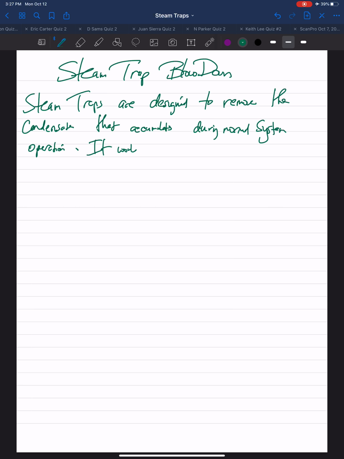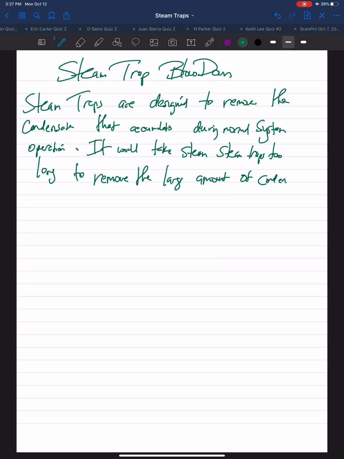It would take steam traps too long to remove the large amount of condensate present during startup.